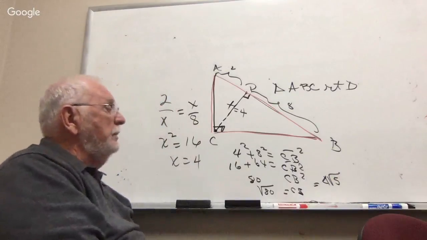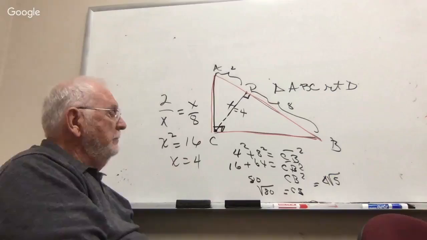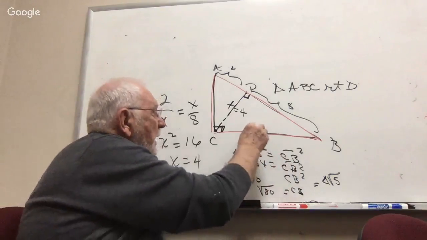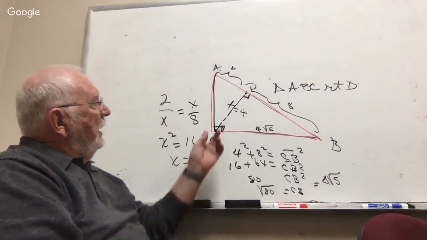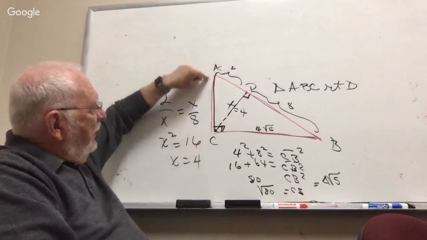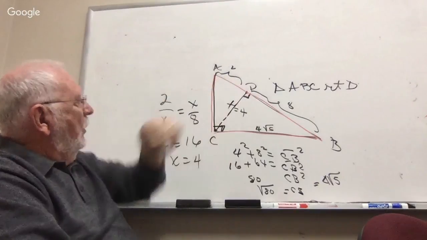Now, did I lose you? No. Okay. So this side is 4 times the square root of 5. Now, do you think I could use this stuff and find the length of this side? Well, if you're doing the proportions, you can now use that information. So this is 2, this is 4.